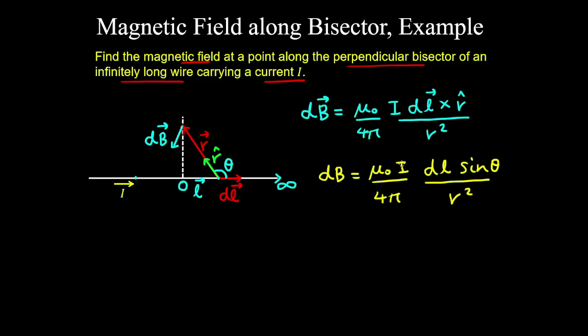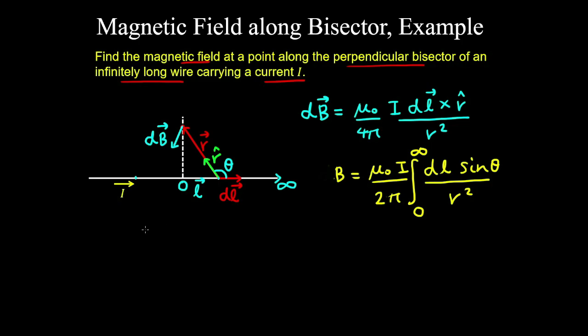And taking the constants outside the integral and then integrating from L equals 0 to infinity and multiplying this by 2 due to the symmetry of the problem gives us a magnetic field due to the current along this wire.